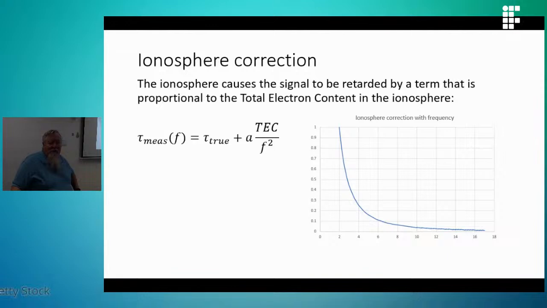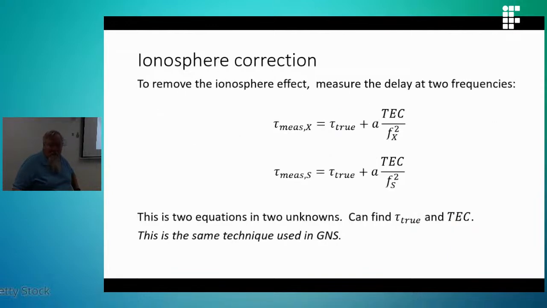Now, here I just show it for a single frequency, but actually you can measure this at 2 frequencies. And this is what we do. We measure it at X band and at S band. X band is at 8 gigahertz and S band is at 2 gigahertz. And we have 2 equations and 2 unknowns.